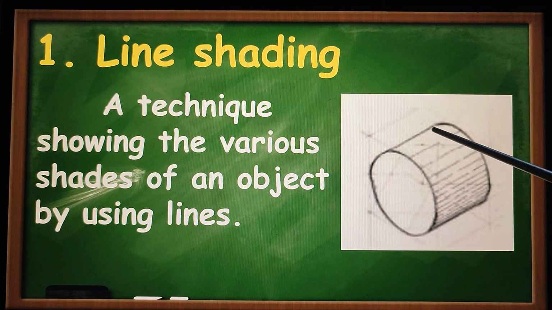On this portion is the location of our light, and this is the darker portion. The closer the lines, the darker the portion or the less light. This is the more light on line shading.